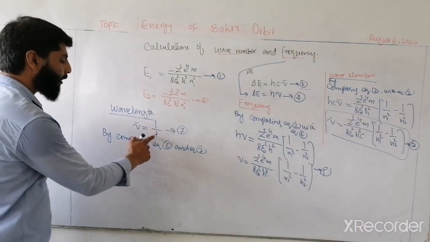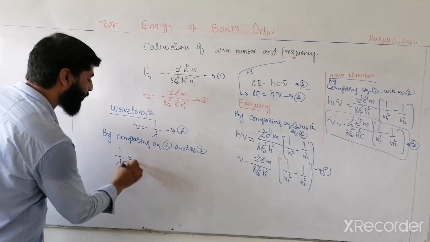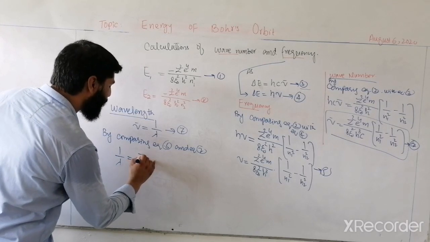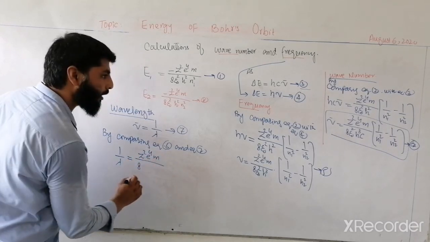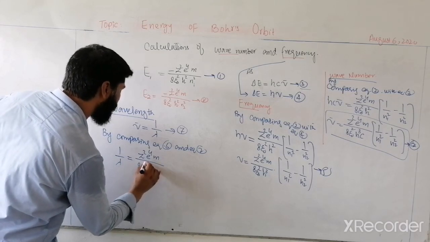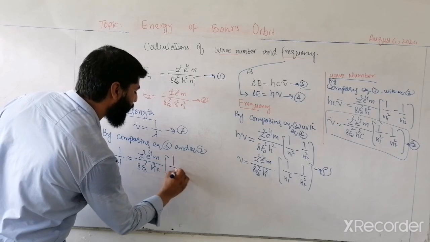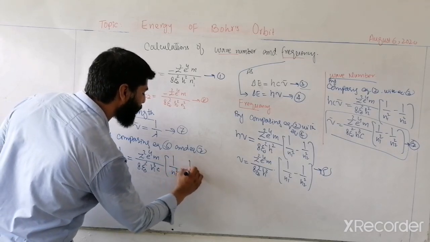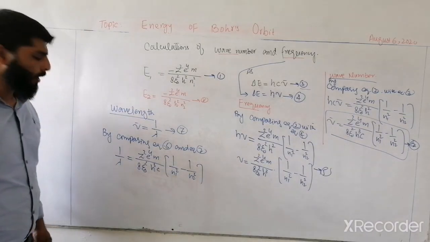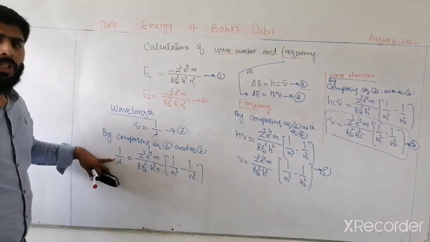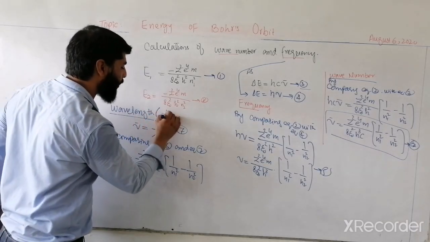You will get nu bar, having value 1 upon lambda, equal to Z square e^4 m divided by 8 epsilon naught square h cube c into 1 upon n1 square minus 1 upon n2 square. Now students, it is the reciprocal of lambda, and you are interested in finding the wavelength lambda.